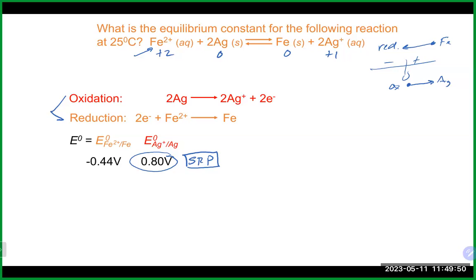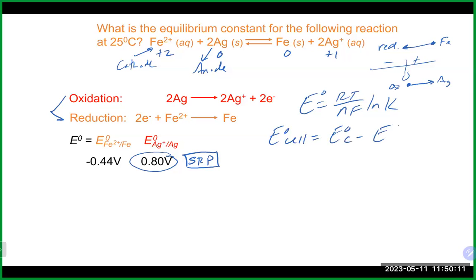So now that we have this sorted out, that this is our cathode, this obviously would be our anode. We want to find the equilibrium constant, so clearly we would want to use the one that had the K value in it, and that should be this equation here. We could calculate our E of the cell by taking our cathode minus our anode. And once again here, I'm going to subtract, so I'm not going to change anybody's sign.